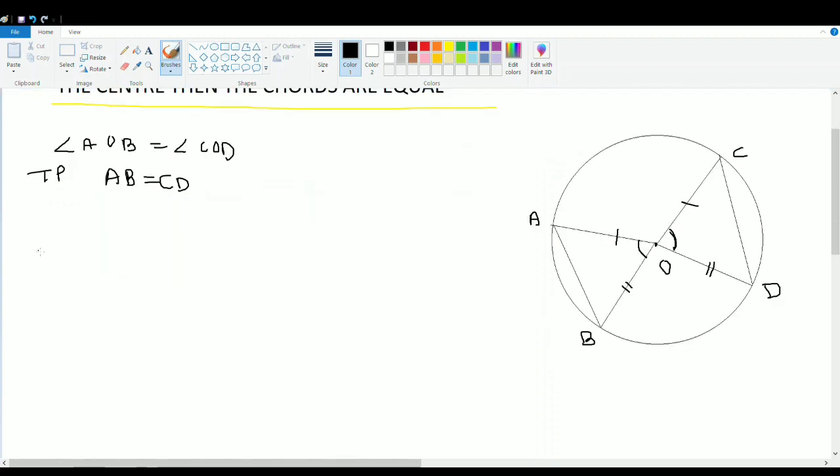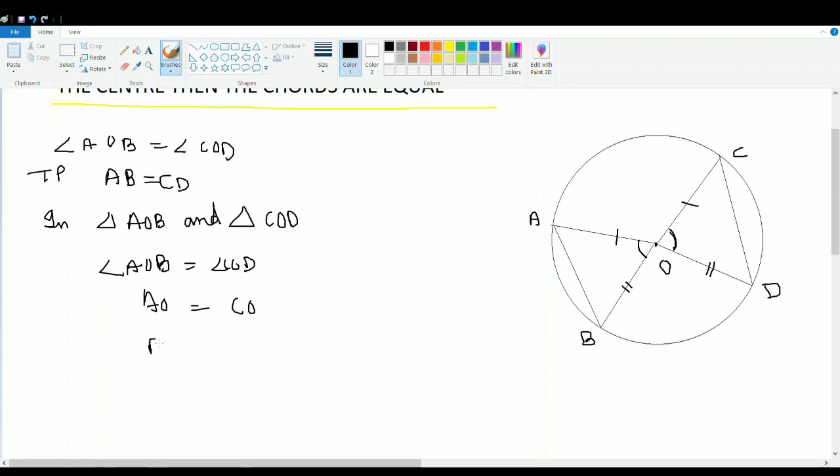Similarly, we can write: in triangle AOB and triangle COD, angle AOB is equal to angle COD. Similarly, AO is equal to CO, BO is equal to DO. These are the same radii of the same circle.